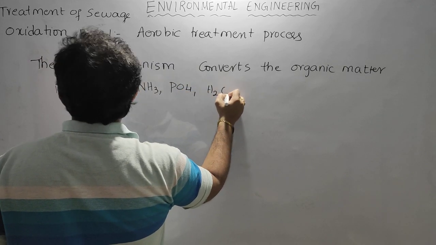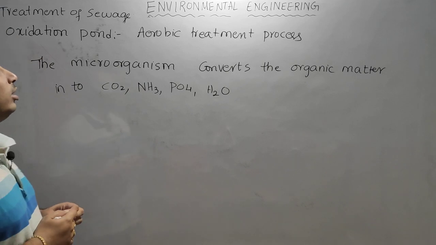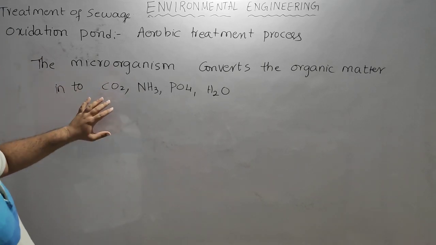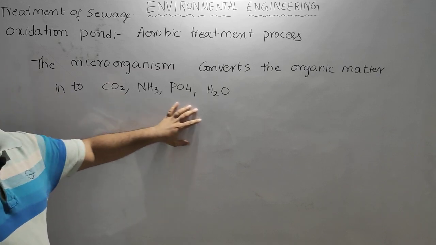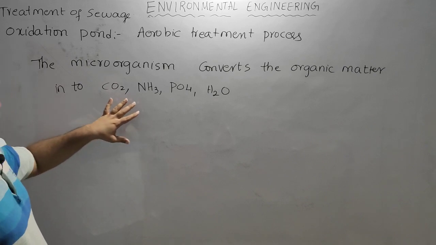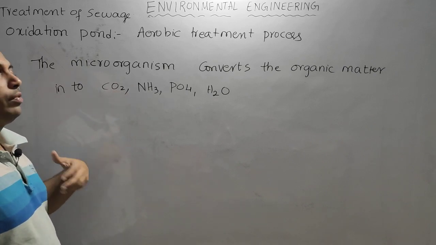These are the byproducts that come during the decomposition of the organic matter. So the microorganisms convert the organic matter into these nutrients. These are plant nutrients, not for us. By taking these nutrients the plants will grow.